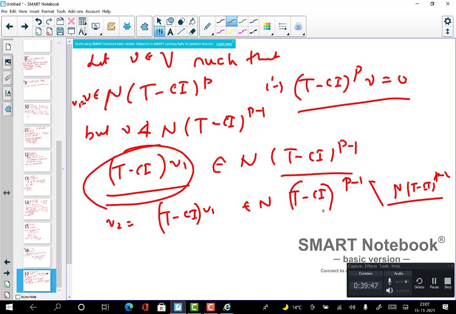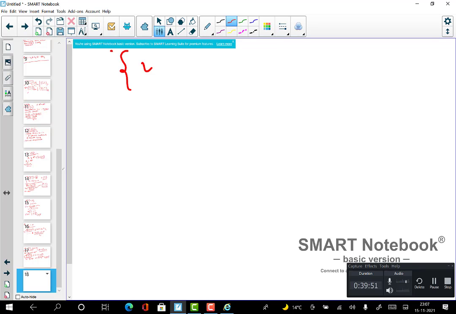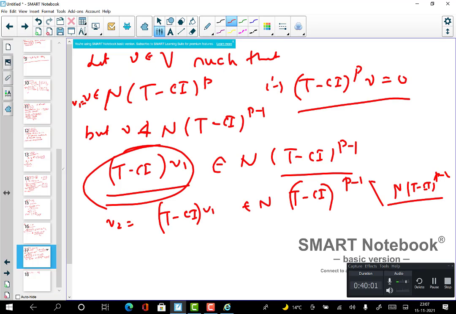So you can construct the vectors V1, V2 and so on, Vp. Now check that they are linearly independent. V1 and V2 are linearly independent, because V1 is this and V2 is T minus Ci of V1.